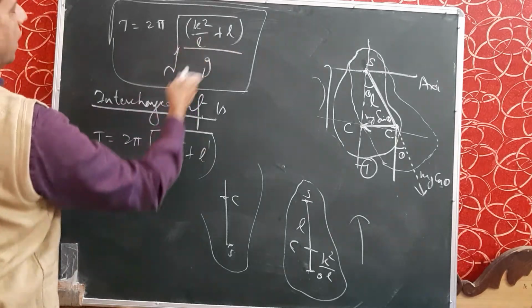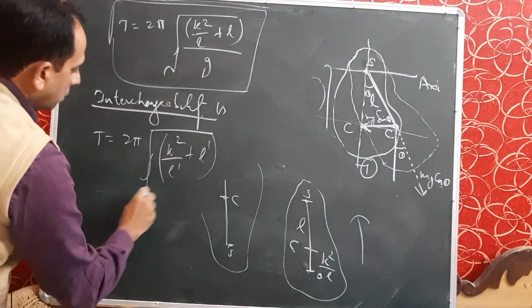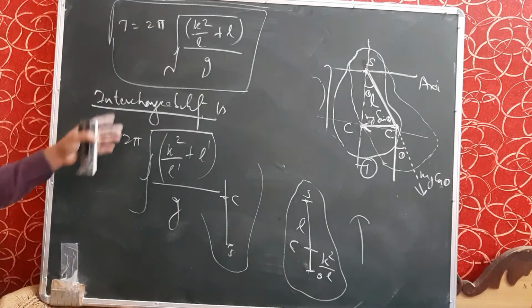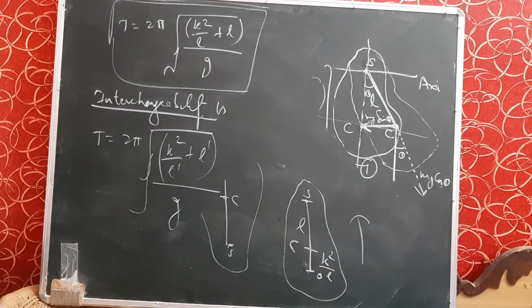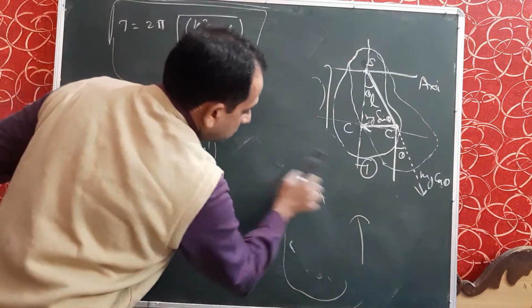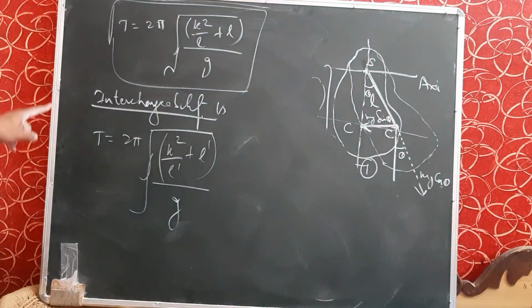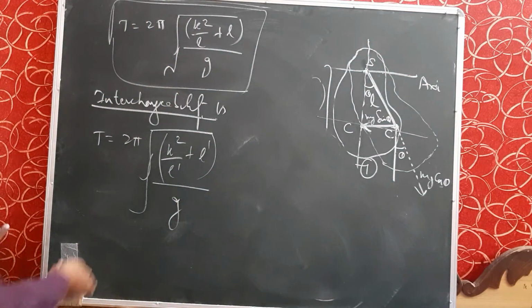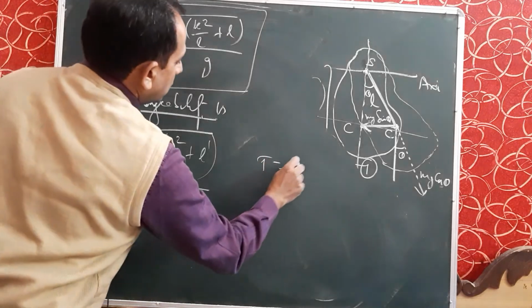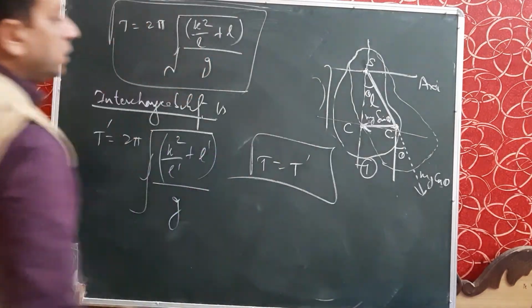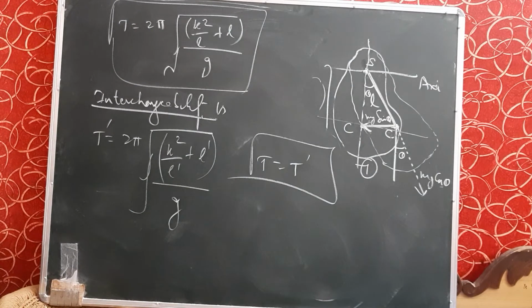I have replaced l with l dash, and the answer remains the same. On interchanging the position of the pendulum, there is no change in time period, that is time period T dash. So T is equal to T dash, meaning the formula is correct in both cases, either direct or inverted.